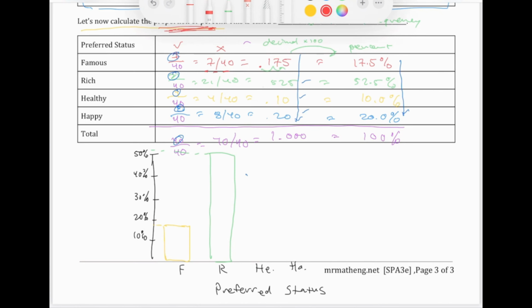I should have color coded those. 17.5, 52, and then yellow is 10. Healthy and happy is 20%. And that matches the information we just wrote in our notes, that if you add all those up, that should be equal to 100%. Let's go ahead and try the example below.